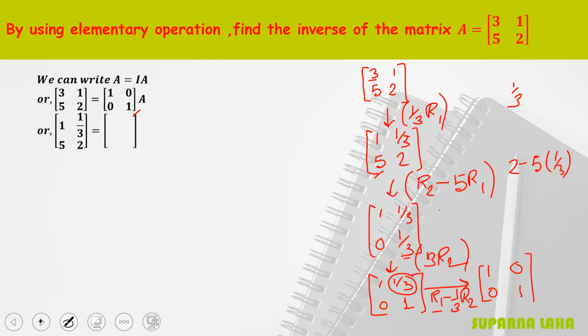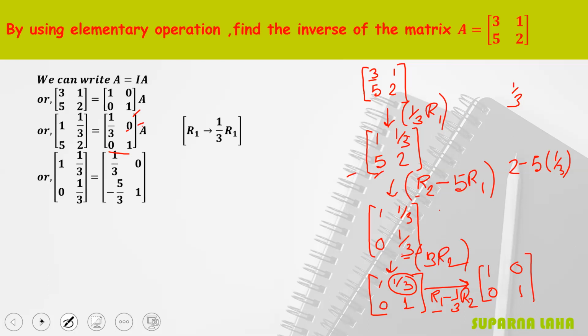So first here 1, 1/3, 5, 2. Here it is. If we apply R1 given by 1/3 R1, this first row will change into 1/3 and 0, and the second row will remain the same. Next the second row changes: R2 minus 5 R1. So on the left hand side we get 1, 1/3, 0, 1/3.